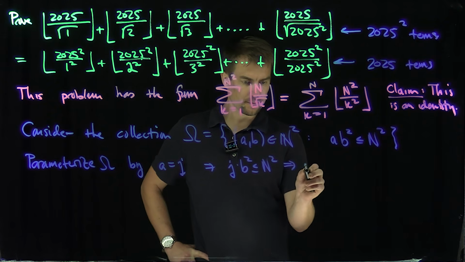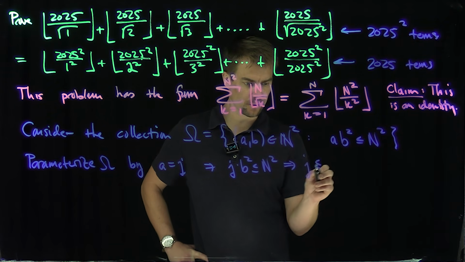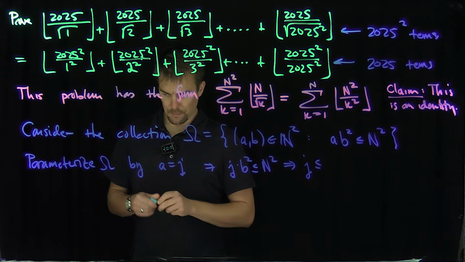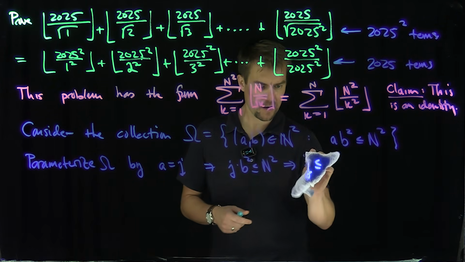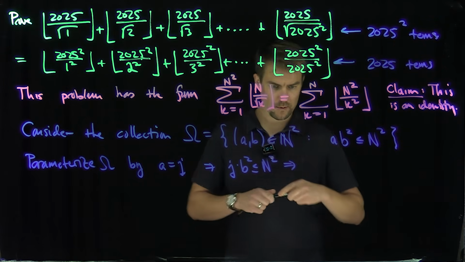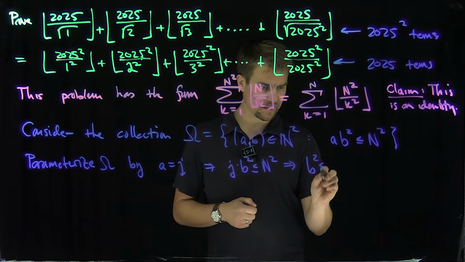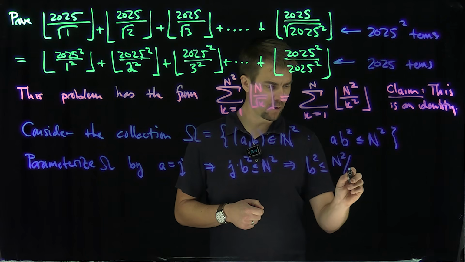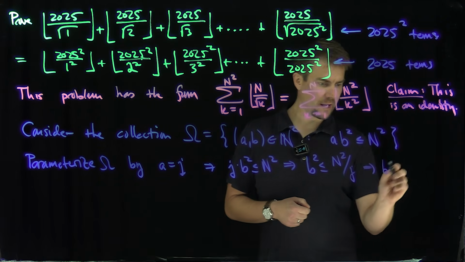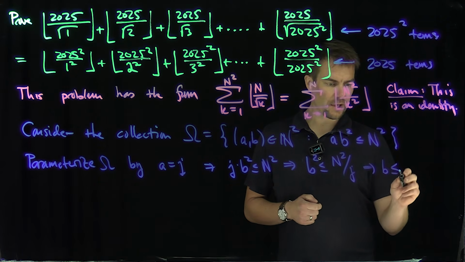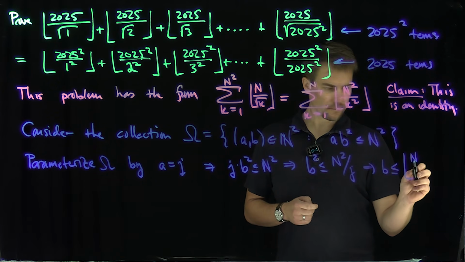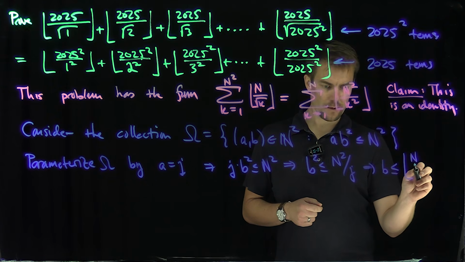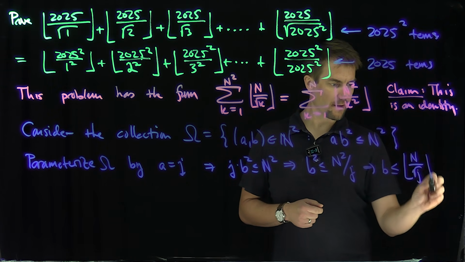That b squared is less than or equal to n squared over j, and therefore b is less than or equal to the floor of n over the square root of j.